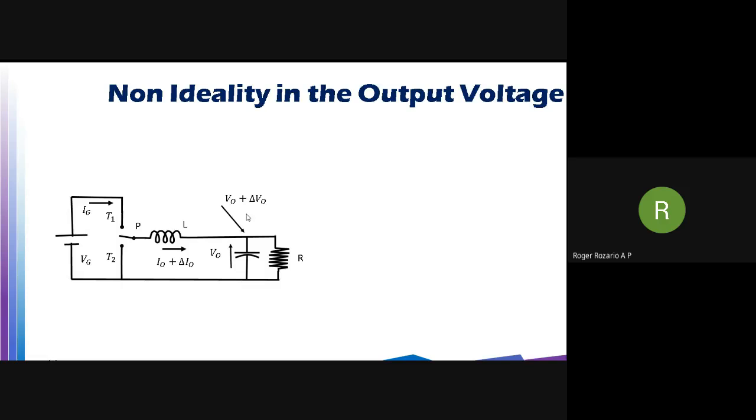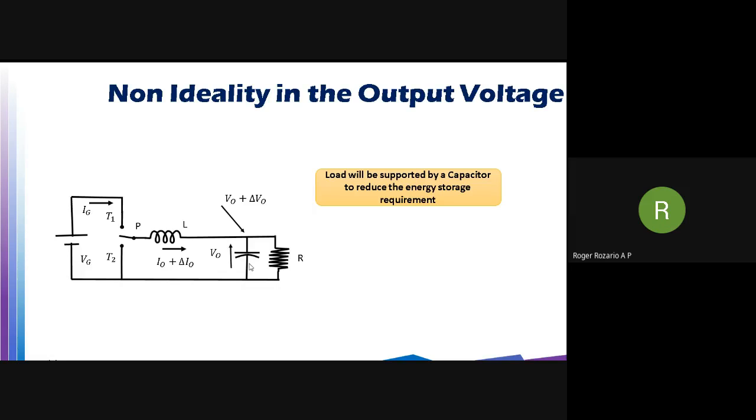Now we are telling even the output V0 is not continuous constant. It is having some ripples del V0. And why does this ripple del V0 come? In parallel to the load, we are connecting a capacitor. Why is this capacitor connected? Capacitor is usually connected in parallel to this load R to support the energy storage requirements.